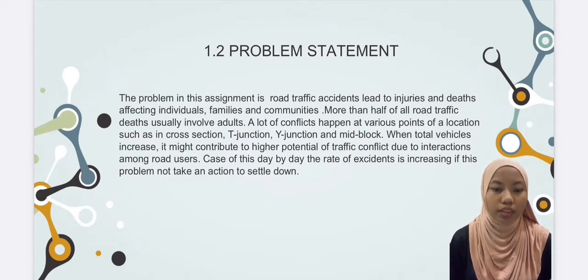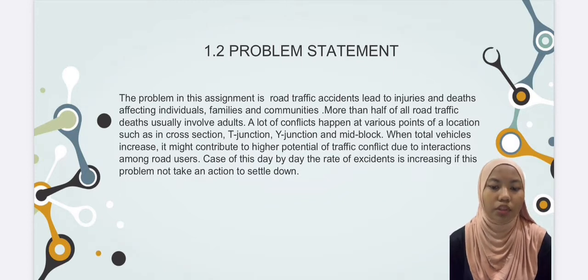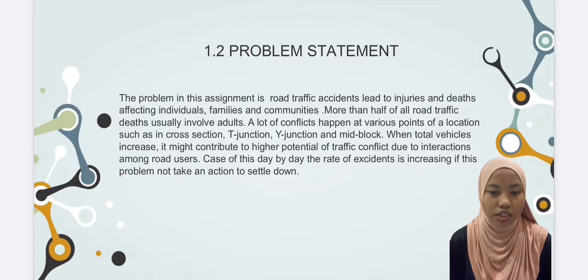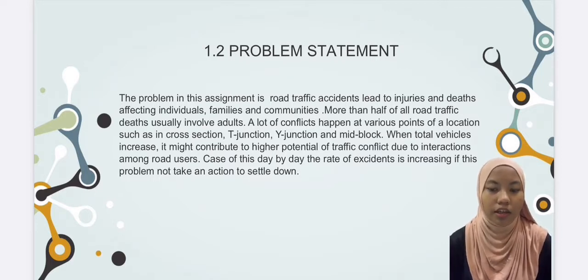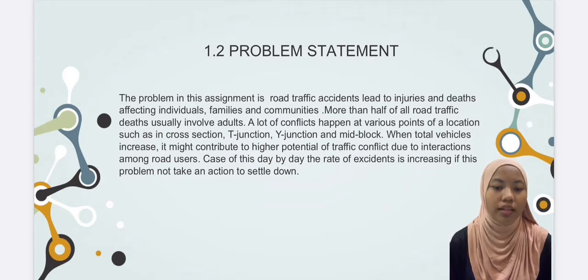When the total vehicles increase, it may contribute to a higher potential of traffic conflict due to interaction among road users. Because of this, day by day, the rate of accidents is increasing if this problem does not take an action to settle down.